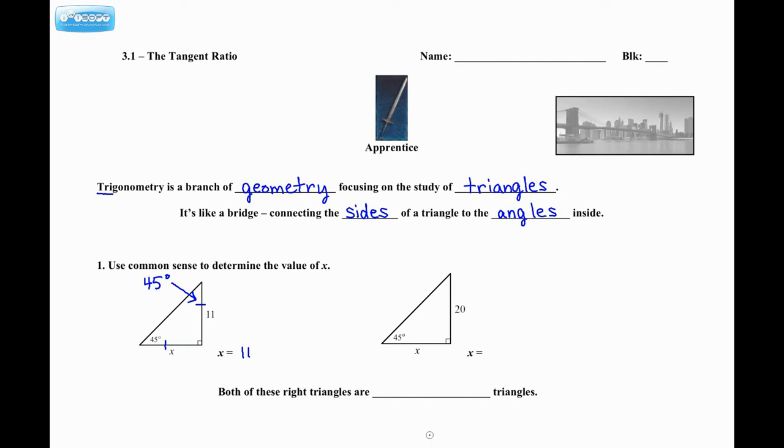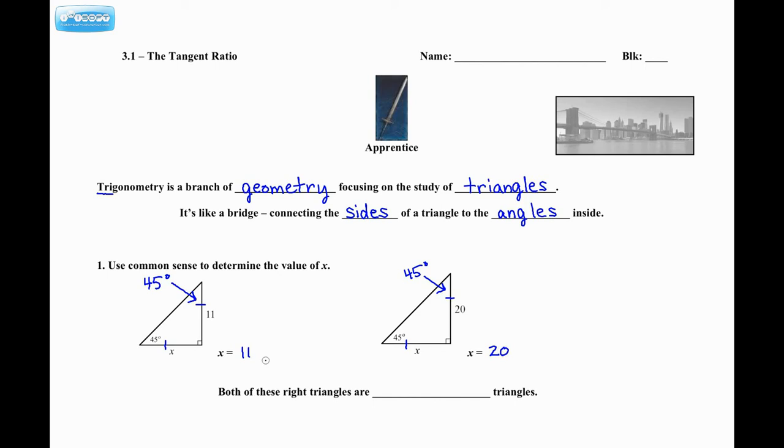Let's do another one. Here I have a similar triangle in that the angles are all the same. So this is also 45 degrees. This triangle is just a slightly blown up version of the first one. Because these two angles are the same, that means these two lengths are the same. So x must also be 20.